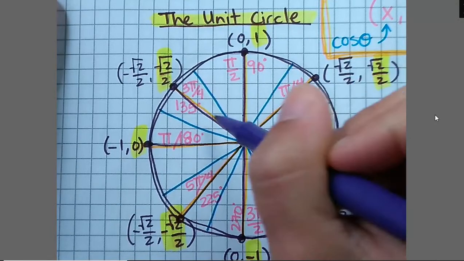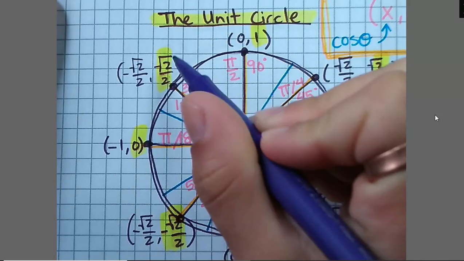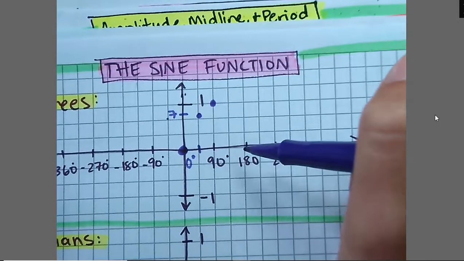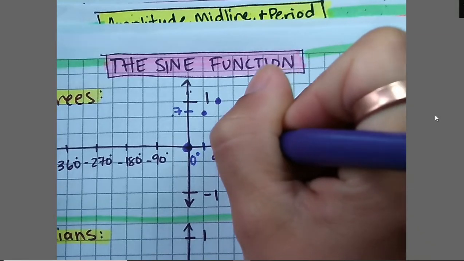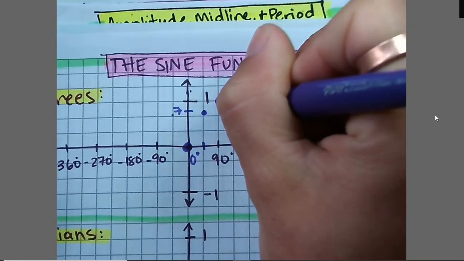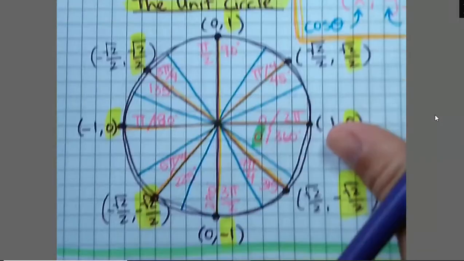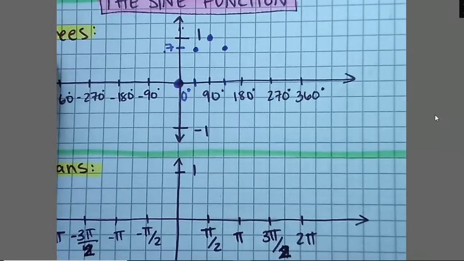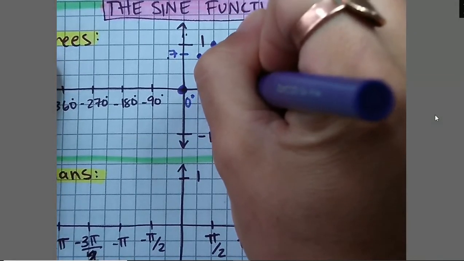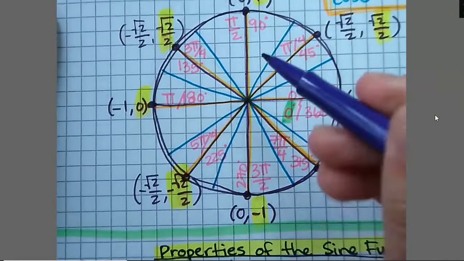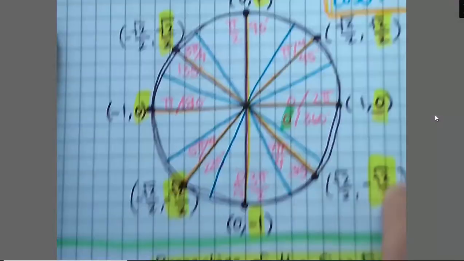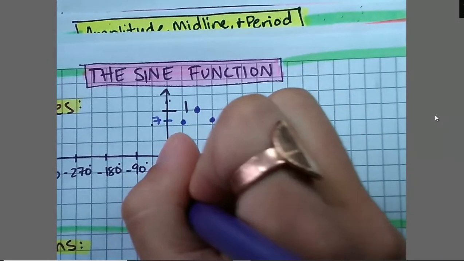Then at 135 degrees, we're going to be at root 2 over 2 again, which is 0.7. Then at 180 degrees, we're going to be at 0. Then if we go down to 225 degrees, we're going to be at negative 0.7. So let's say negative 0.7 is about here.